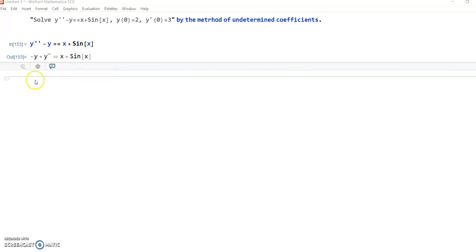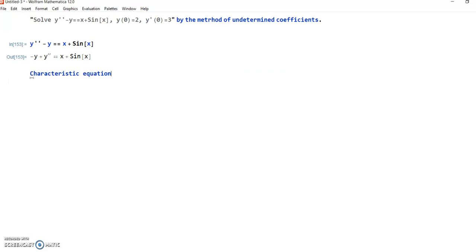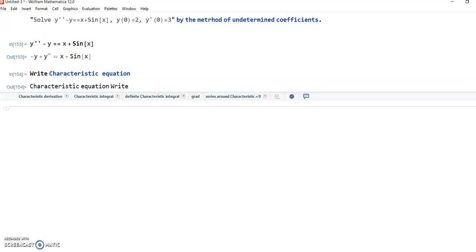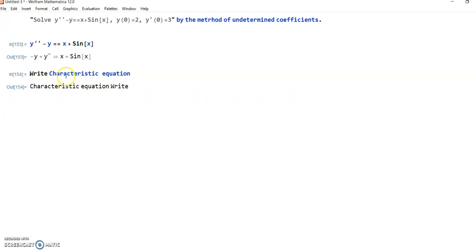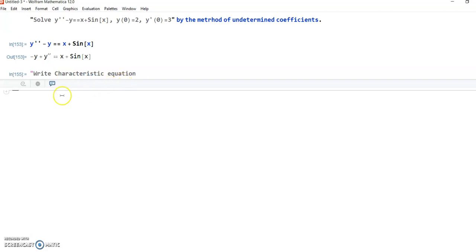Okay, first step is now to find the characteristic equation. To write the characteristic equation, just make it like a comment, not like a command. Okay, write characteristic equation. So you can manually write it.